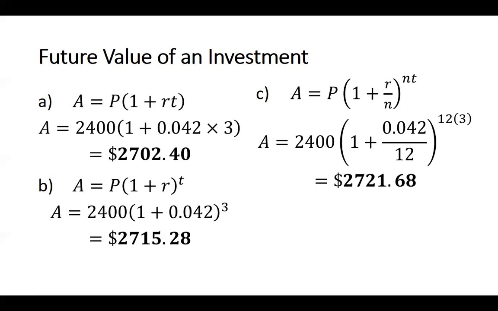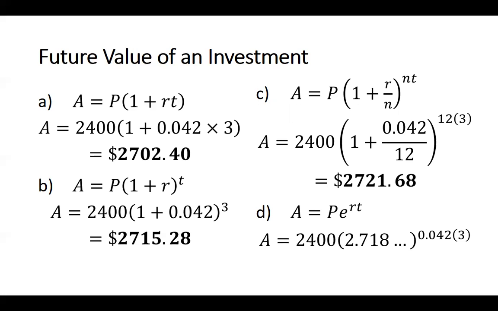As we go to compounding continuously, we have our formula: A is equal to, I call it PERT, P times e to the RT. We plug our values in here. Remember that e is approximately 2.71828, going on forever, never repeating, never ending. I just put the dots there because you've got your calculator, which has the e button. So don't just approximate e; use your calculator and let it approximate it to however many decimal places it does.